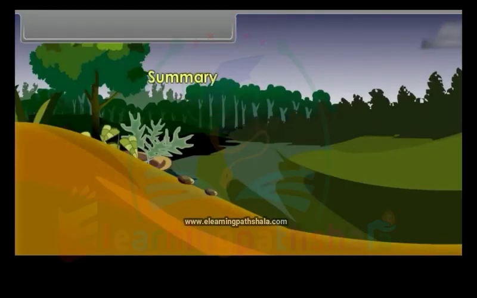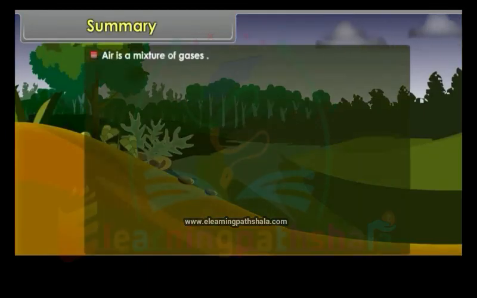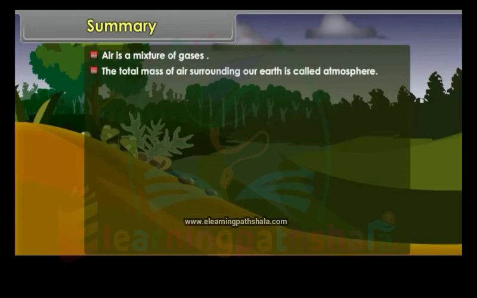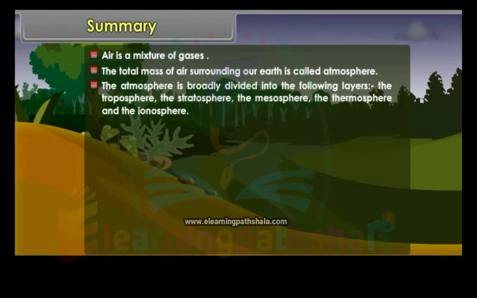Summary. Air is a mixture of gases. The total mass of air surrounding our Earth is called atmosphere. The atmosphere is broadly divided into the following layers: the troposphere, the stratosphere, the mesosphere, the thermosphere and the ionosphere.